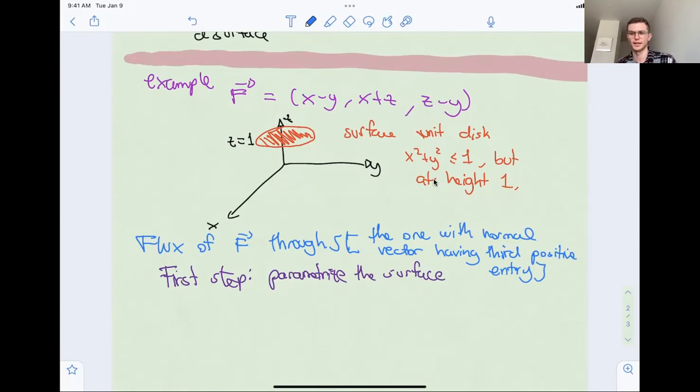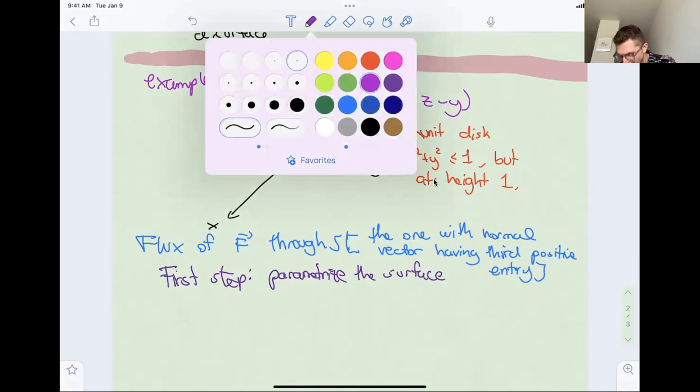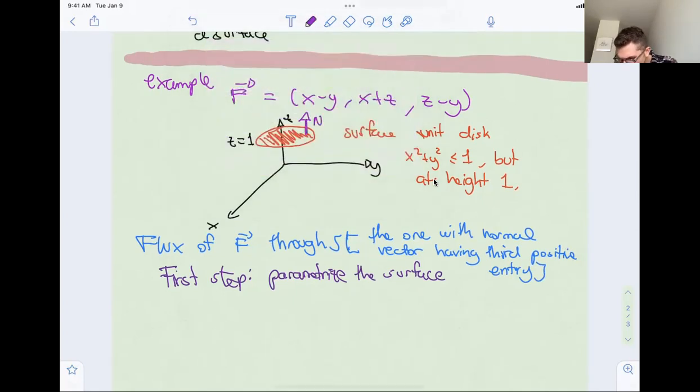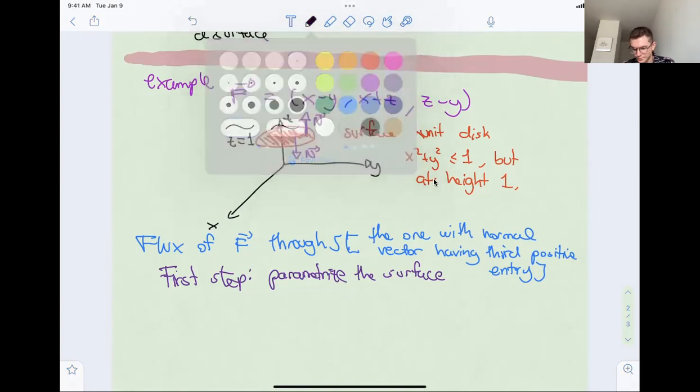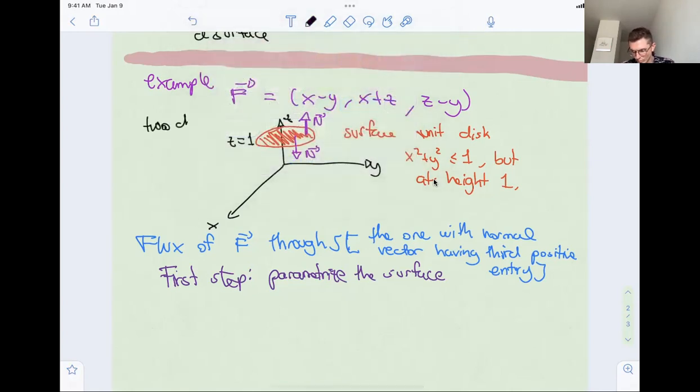The normal vector to the disk could be like this, maybe the most obvious case, but strictly speaking, the normal vector could also be this. So which one do you choose? You have to be told which one to choose. It's not something for you to decide. So there are two choices, and you're told which one to use.